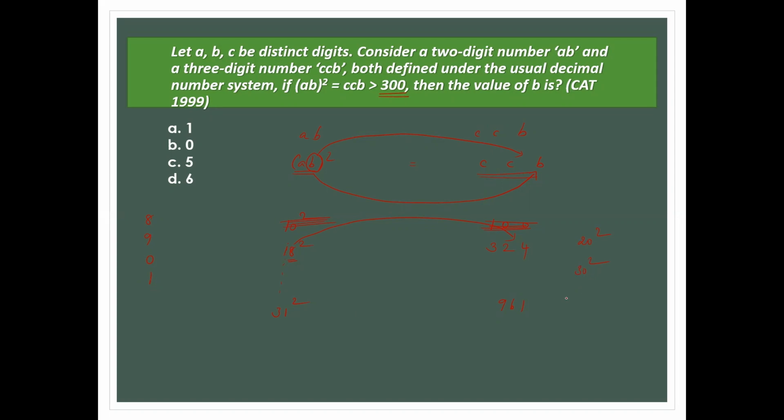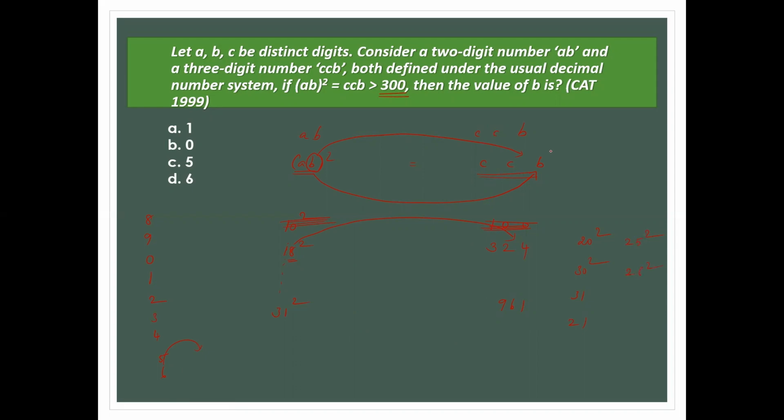So I can take 31, I can take 21 within this range. Now if I have 2, 2 square will be 4, I can't take it; 3 square will be 9, I can't take it; 4 square will be 6, I can't take it; 5 square will end with 5, so I can take that also. So 25 square comes within that range. I can also take a 6, correct? Any number ending with 6, its square will also end with 6. So the number in this range is 26 square.